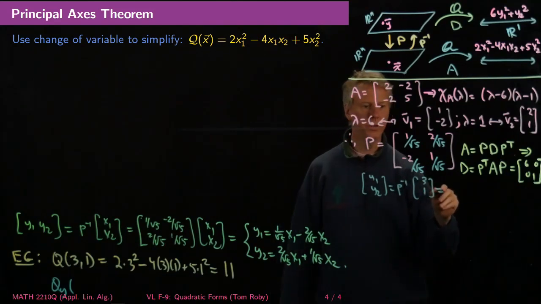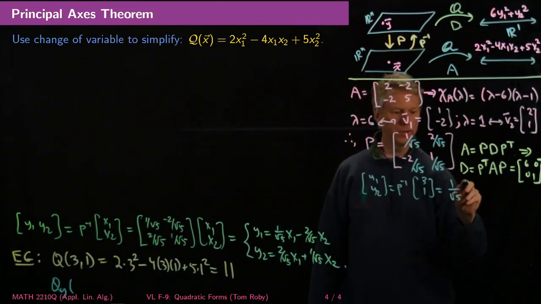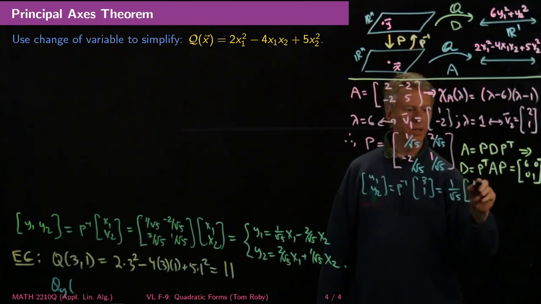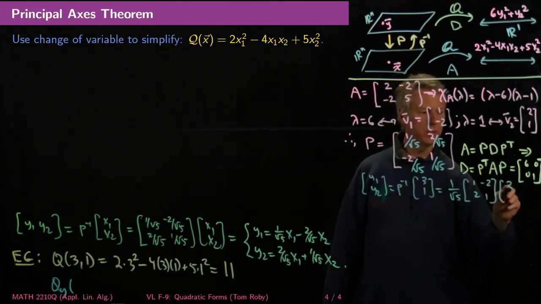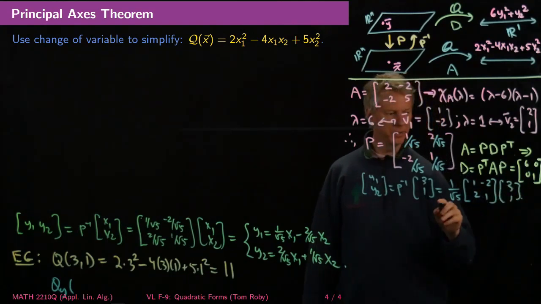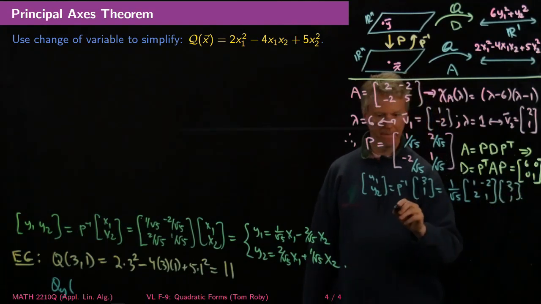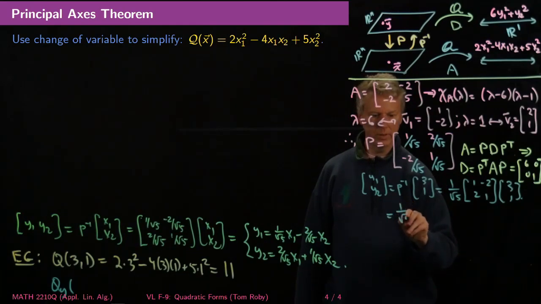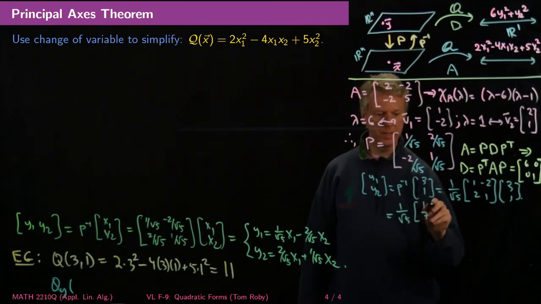And that's equal to, let me just pull the 1 over the square root of 5 out of the whole matrix, 1 minus 2, 2 1 times 3, 1. And so that'll just end up being 1 over the square root of 5 times 1, 7.